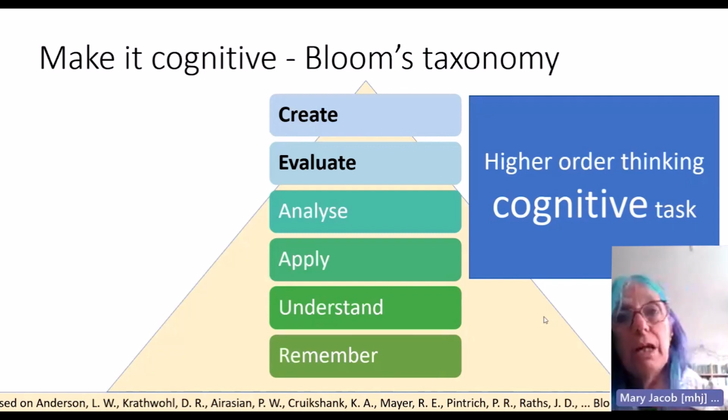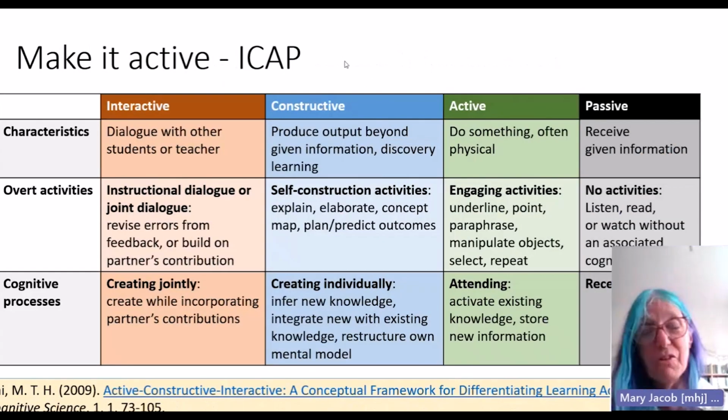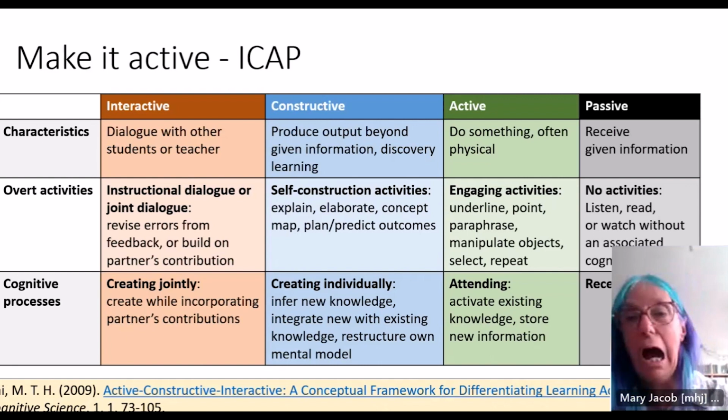And then the ICAP model, I get really excited about this. Michelene Chi, she's a fantastic cognitive scientist. I'm not going to go through this in great detail, but you'll notice that there's some similarity. So the first 3 are different subcategories. It's like a taxonomy of active learning.